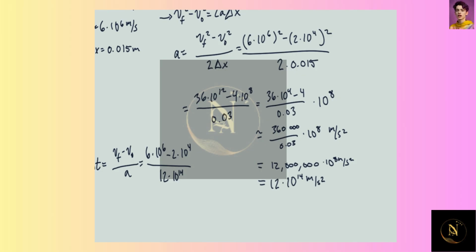Okay, and I get a value of 4.98 times 10 to the minus 9. That will be in seconds, so roughly 5 nanoseconds. That's the amount of time it takes for this electron to travel 1.5 centimeters, and its acceleration we already calculated, 12 times 10 to the 14th meters per second squared.